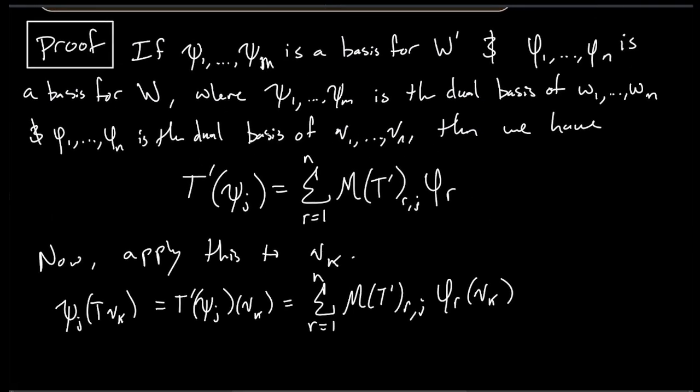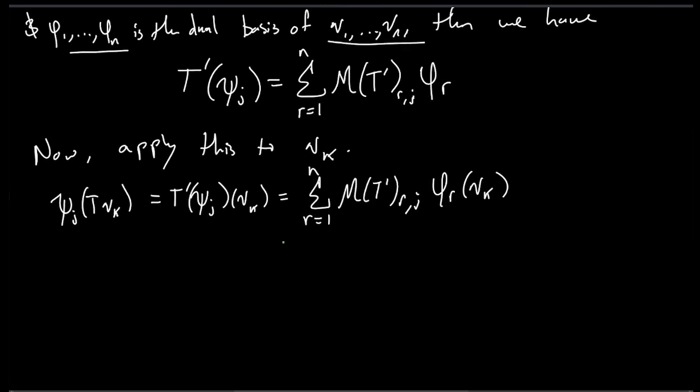Well, if this is the dual basis of that guy, then it's going to be 0 unless r equals k, right? So on this side, I'll just write it as the matrix of T prime, the kjth entry, kj.